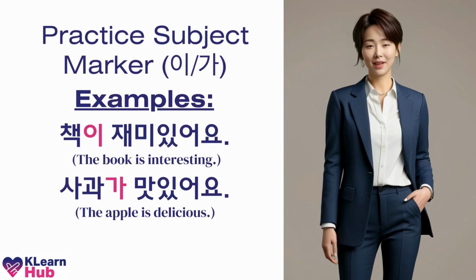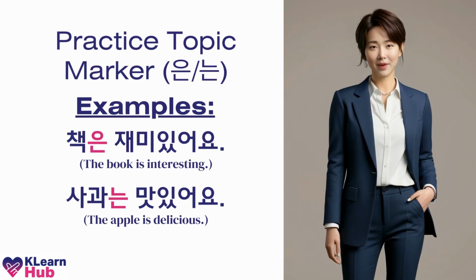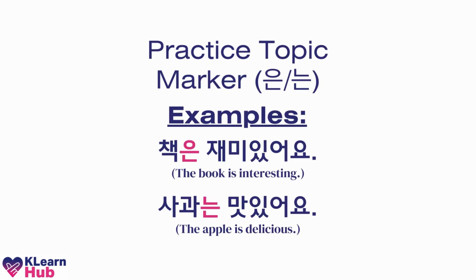Let's practice using the subject marker with our nouns in the same sentence as before. 책이 재미있어요. 사과가 맛있어요. Now, let's practice using the topic marker with our nouns again. 책은 재미있어요. 사과는 맛있어요.